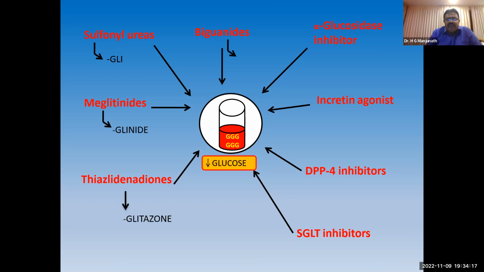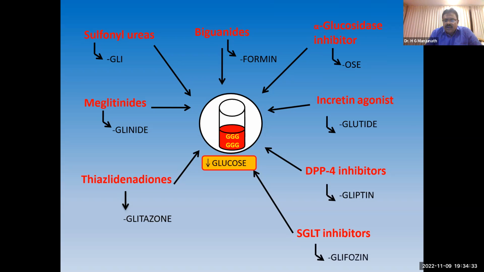The biguanides end in formin, and the alpha-glucosidase inhibitors in ose. Incretin agonists have the suffix glutide, DPP4 inhibitors have the suffix gliptin, and SGLT inhibitors have the suffix gliflozin. So it is an easy way to remember. These are the prefixes and suffixes for oral hypoglycemic agents.